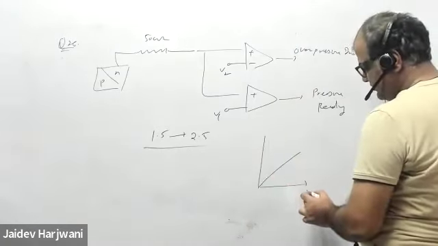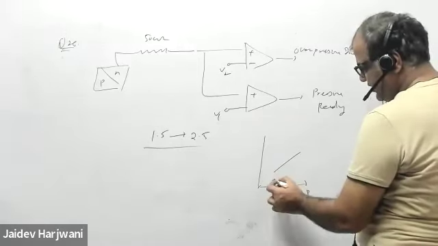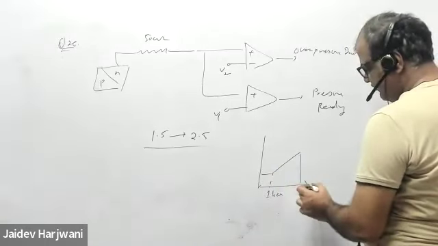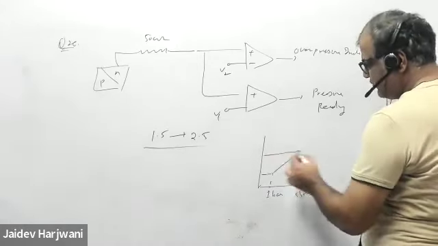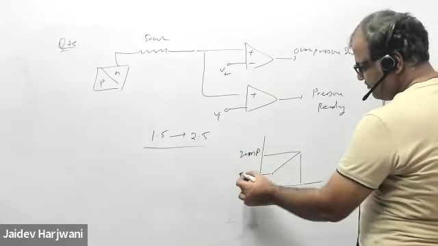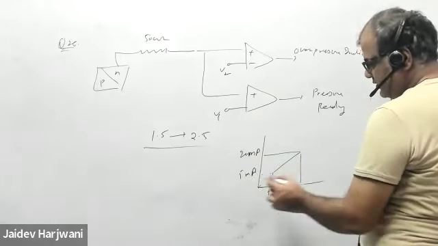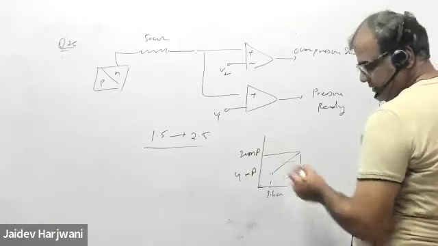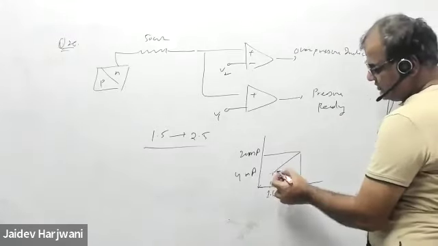If I apply a pressure of 1 bar, how much current is it producing? 4 milliampere for 1 bar, and for 5 bar it is producing 20 milliampere current. Check, is it correct? So this is the graph for this one.